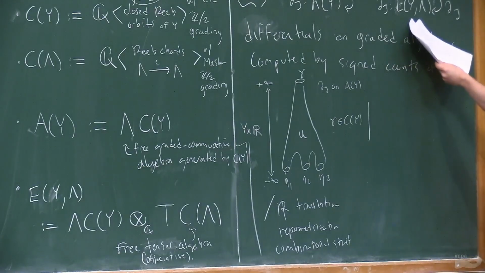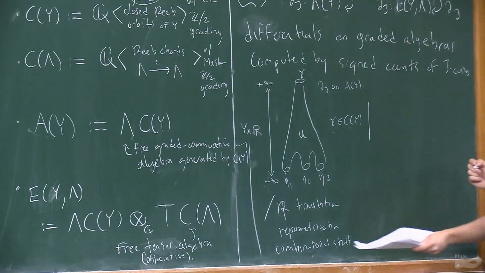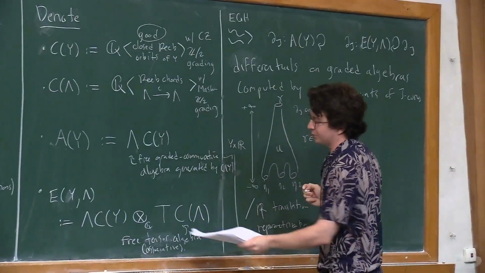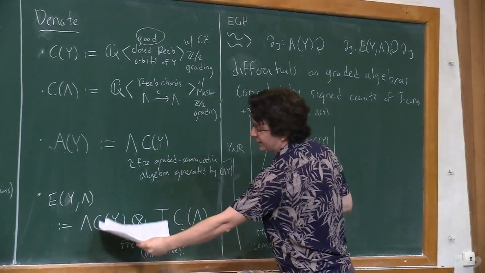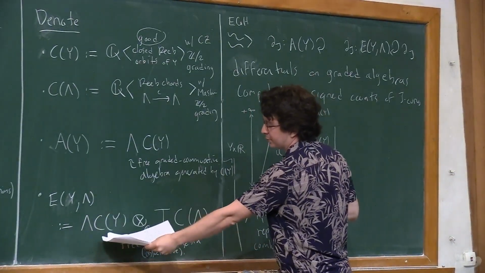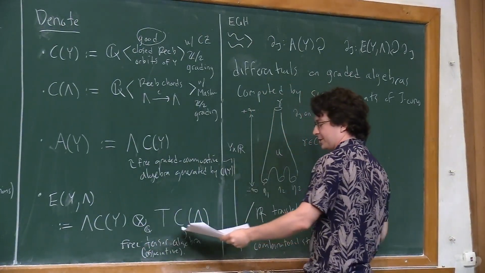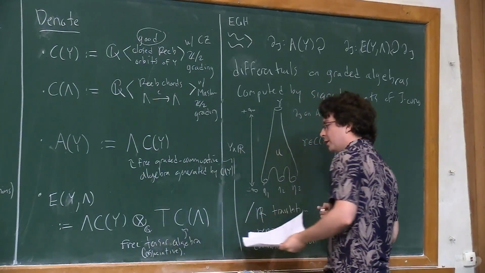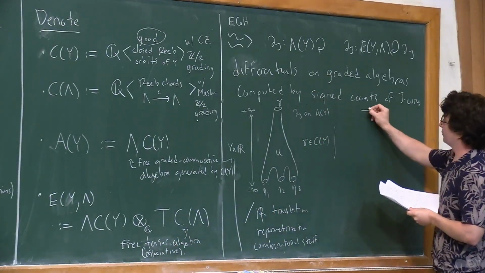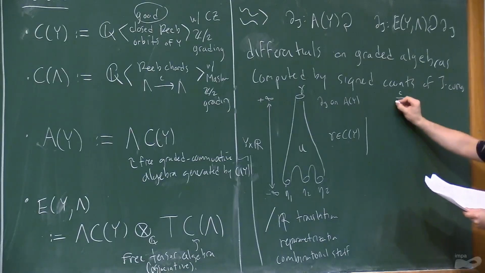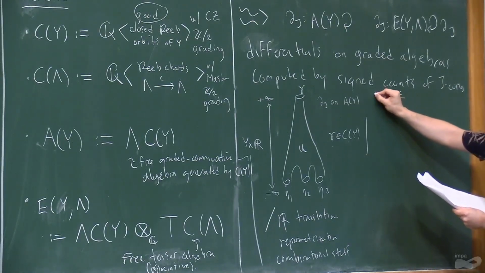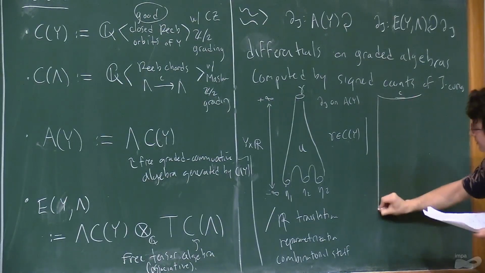For the Legendrian algebra, which is this extension of A of y, to define the differential you take the differential from A of y on this part, and then for the tensor algebra part, meaning for a given chord, you define the differential by taking the symplectization of the Legendrian.